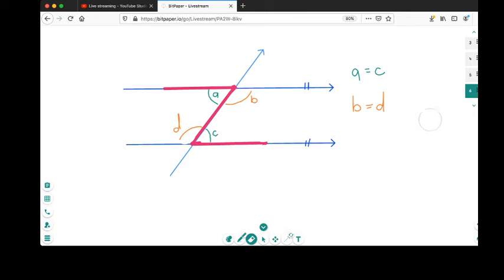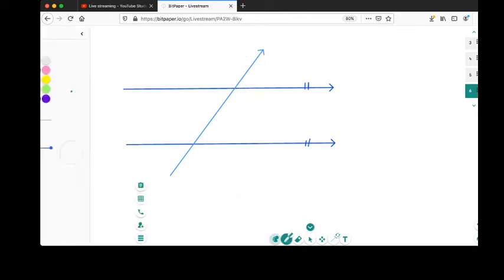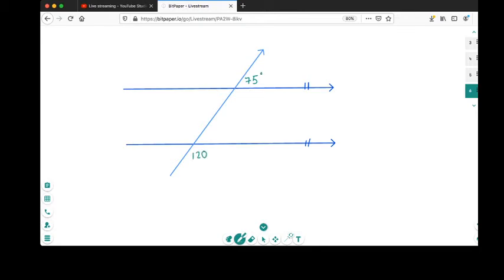So let me do some erasing, since we've got a perfectly good situation going so far. And let's say that this angle is 75 degrees and that this one is 120.